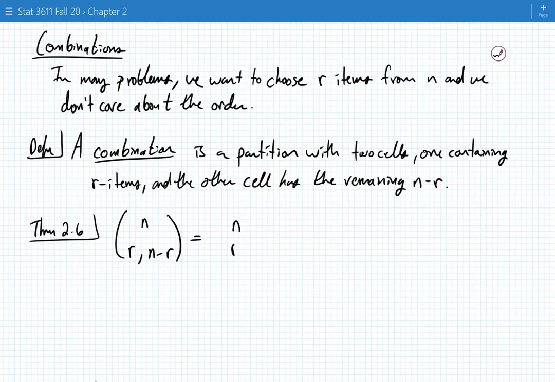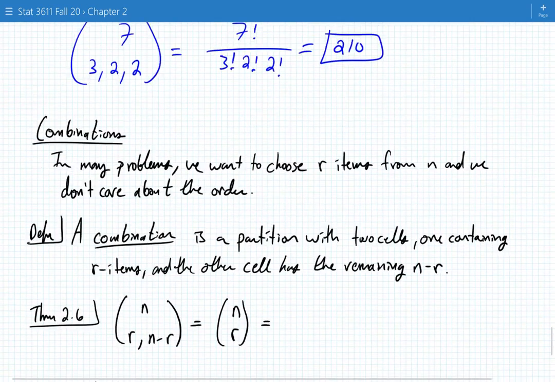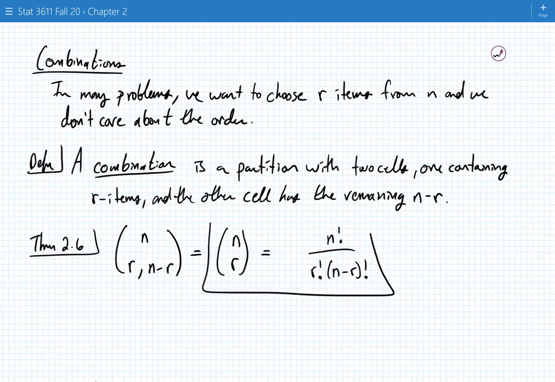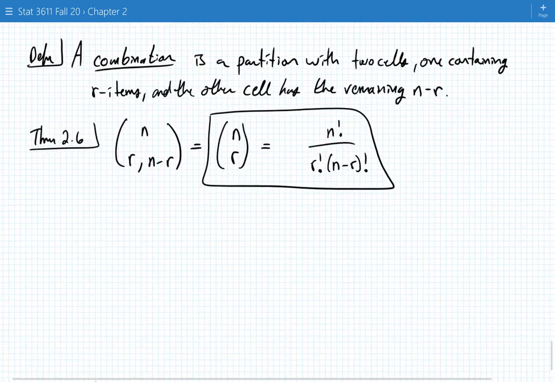And so we tend to just write this as n choose R, and we don't write the second n minus R in that bottom part. So what is this by definition by that theorem above? This would be n factorial over R factorial, for the R items in one cell, times n minus R factorial for the other cell. That is a combination.